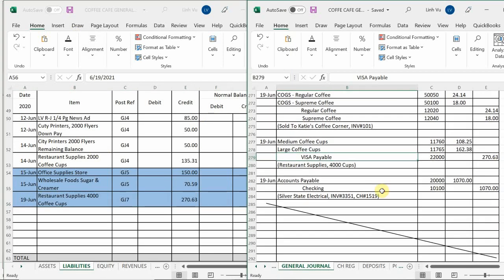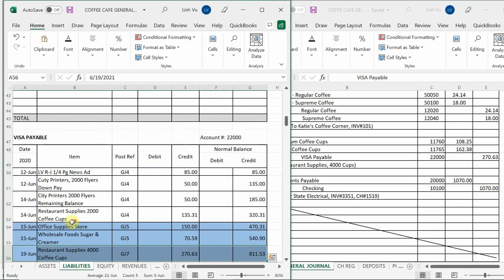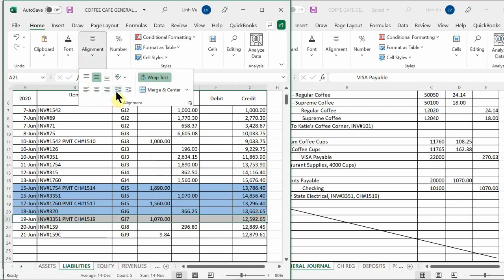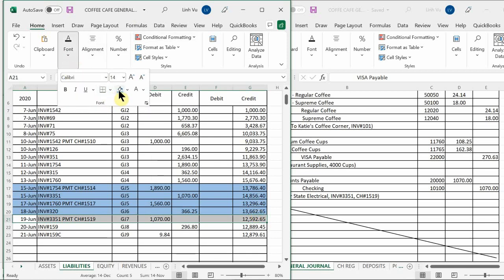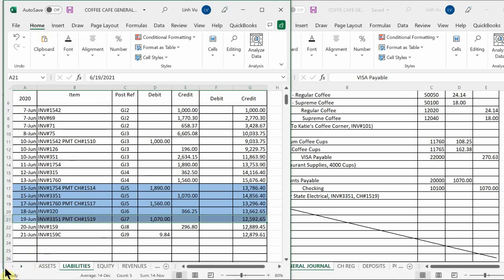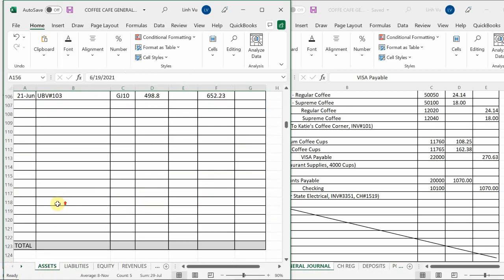All right, accounts payable and checking. We made a payment to Silver State Electrical for, okay, so accounts payable and checking. There's accounts payable for the 1070 on the debit. So that's correct here. And then, of course, our assets.